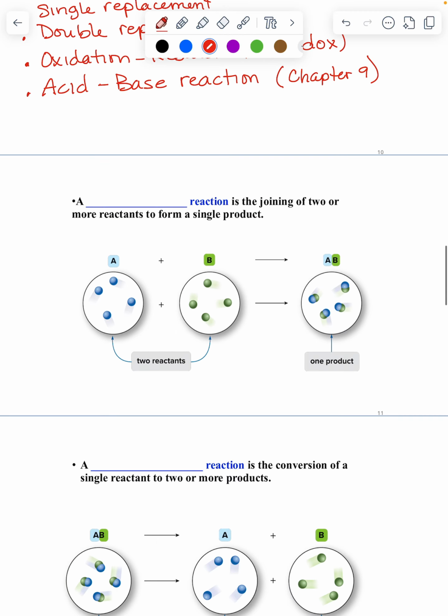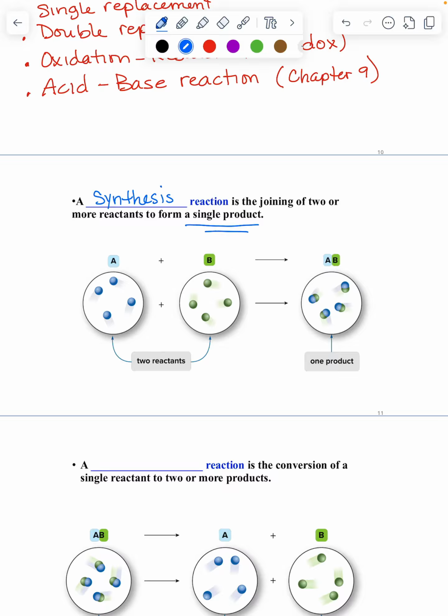So the first one that we had was synthesis. Let me change colors. Synthesis reaction. Remember, also known as combination reaction. It says it's simply the joining of 2 or more reactants to form a single product. So underline the words single product. This is the clue that you have that this is a synthesis reaction.